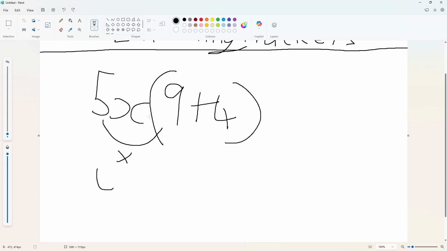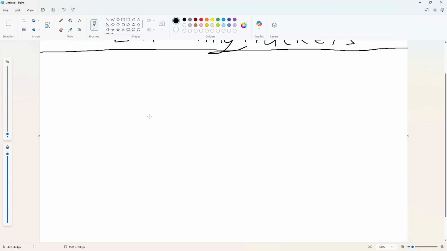Now let's try something a bit trickier. Let's do one more. If we have an equation like 3a minus 7, you might think to yourself, like you did before, what on earth is going on? It looks so confusing.